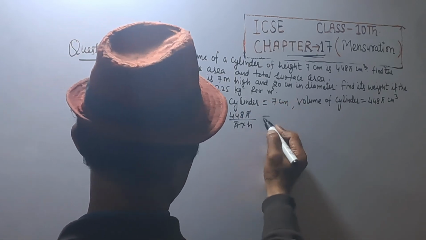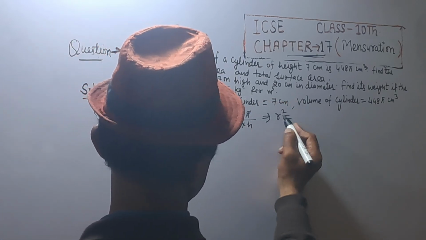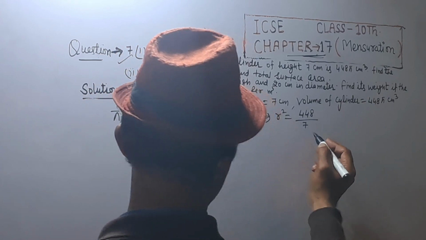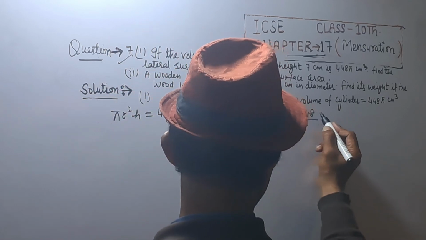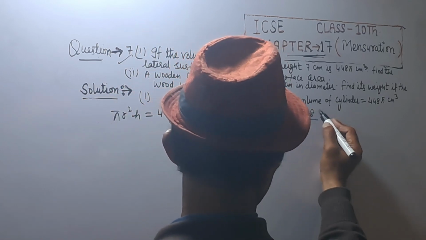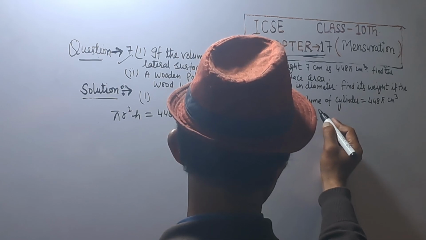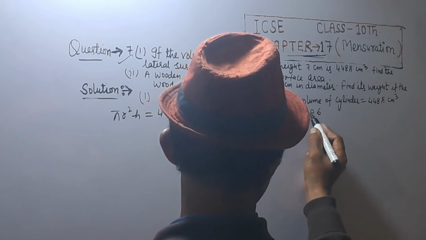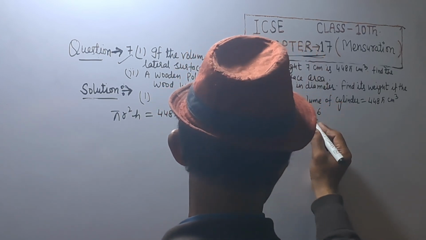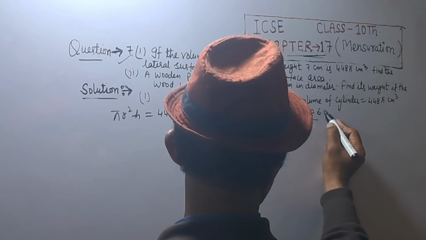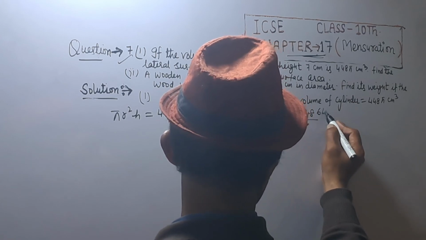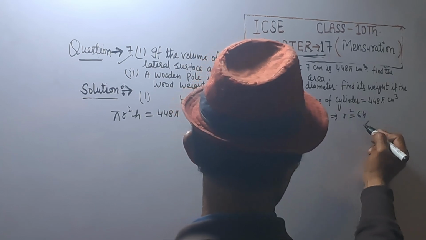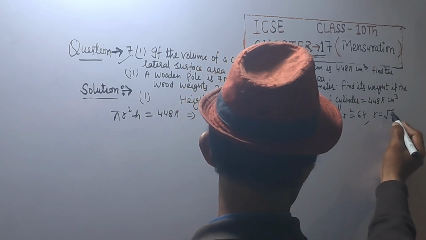Pi is cancelled, which implies r square is equal to 448 upon 7. 7 6s are 42, 7 4s are 28, which implies r square is equal to 64 and r is equal to under root of 64.